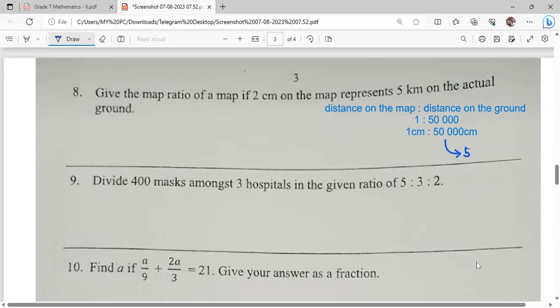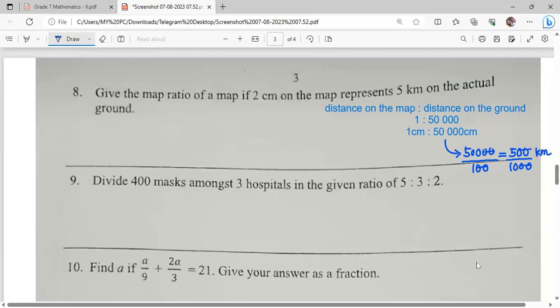First I convert the 50,000 centimeters to meters. How? I divide this by 100. So it gives me 500 meters. That 500 meters I divide by 1000 to get the kilometer value. This is how I get my answer.